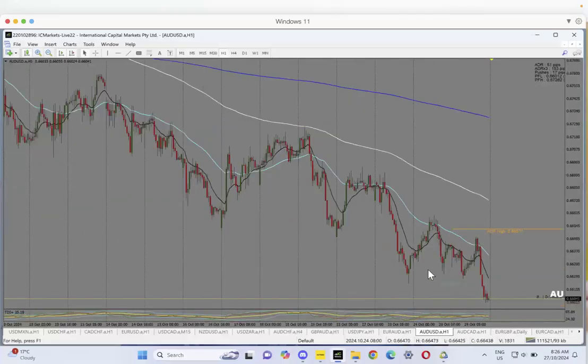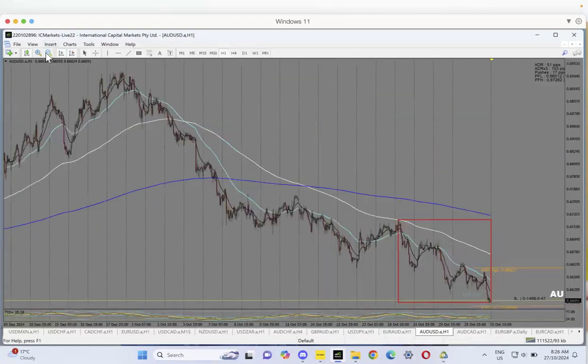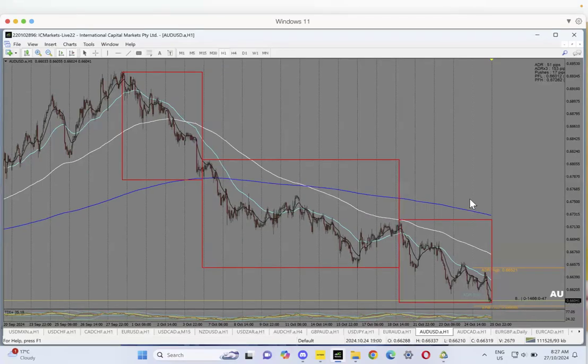So we were waiting to see level 3 on AUD, which we have seen now. If my levels are not correct, that's okay, but this is how it's supposed to be. So 1, 2, 3. So you've got a whole D1 move.